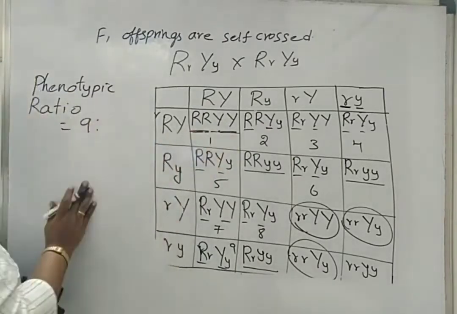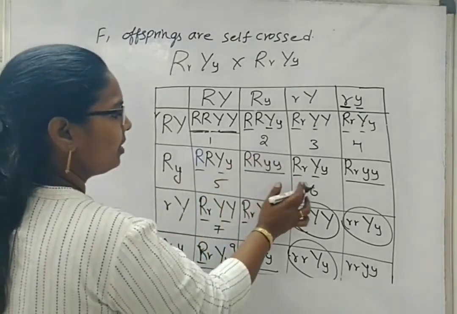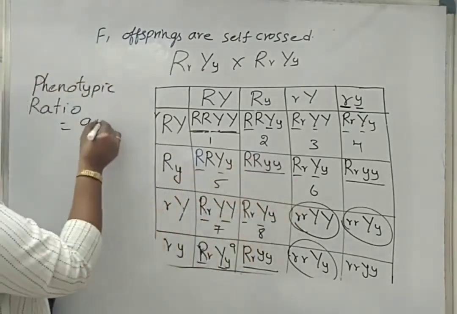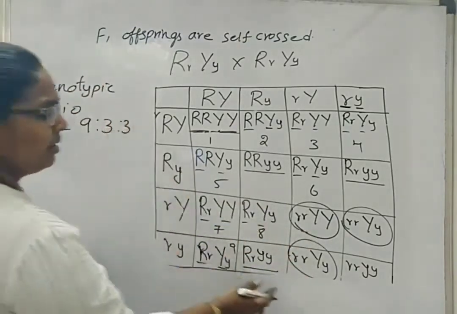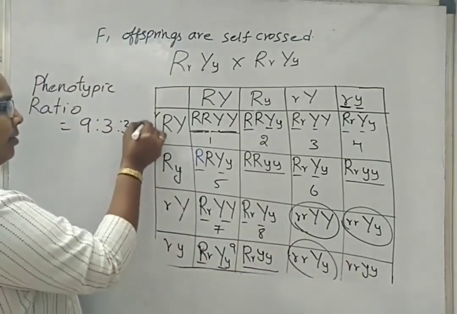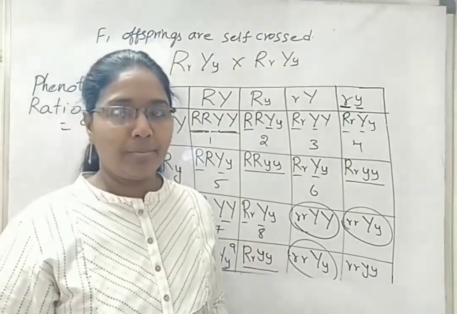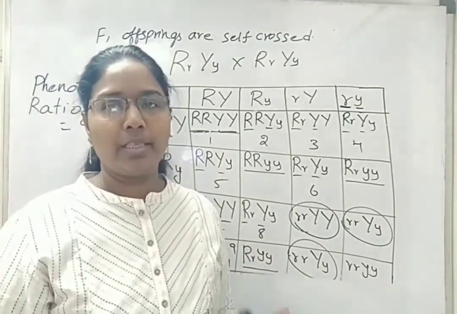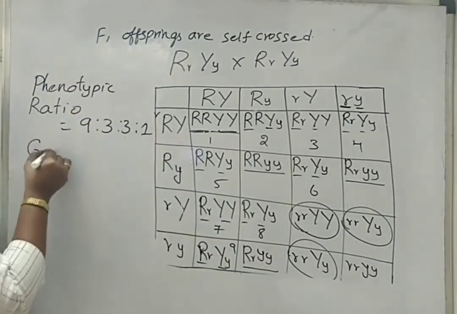Just I have given explanation about those. Next, round with a green color seed, 3. Again, wrinkled with a yellow color, 3. Next, wrinkled with green color, 1. So the phenotypic ratio of F2 generation of dihybrid cross is 9:3:3:1.